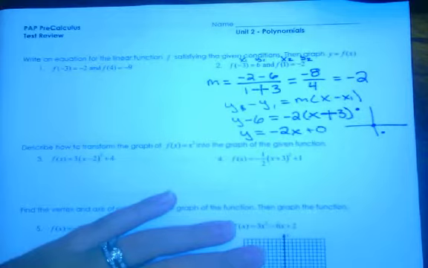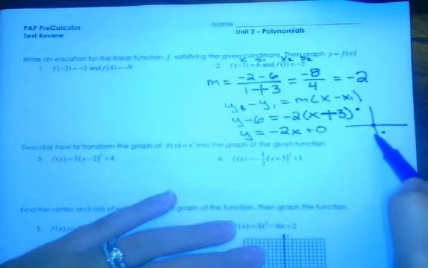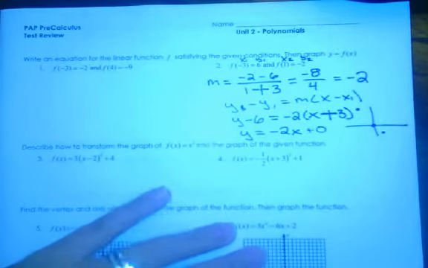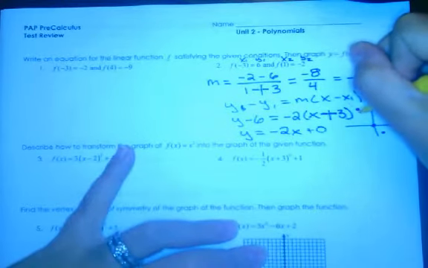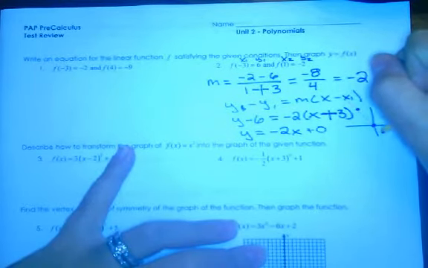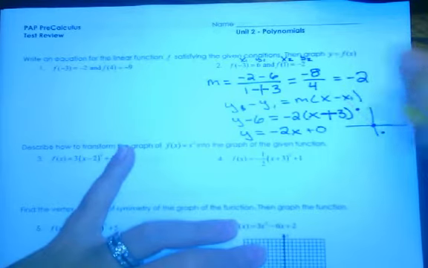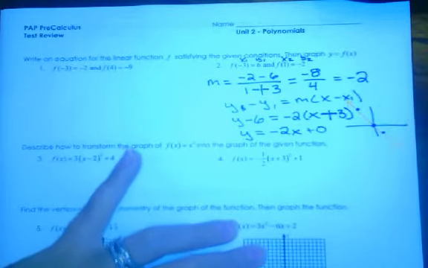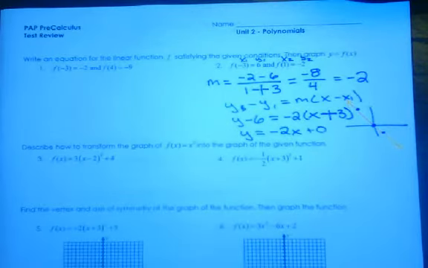Or you could have just, once you know this, the equation is down to right 1, and then you could have graphed it from there. So your graph is going to look something like this. Okay, so there's your graph. That is just a line with a negative slope of 2.